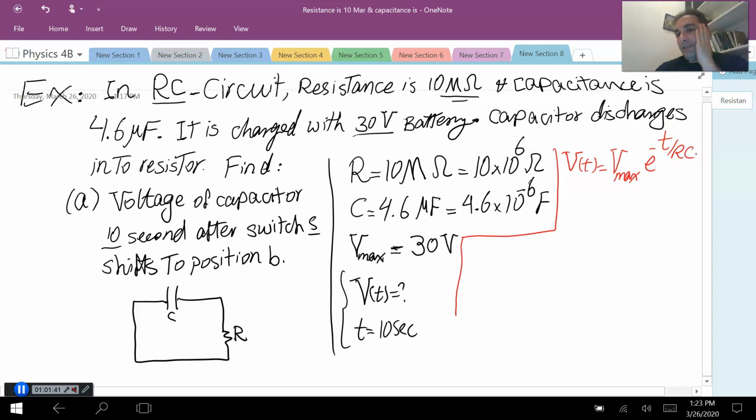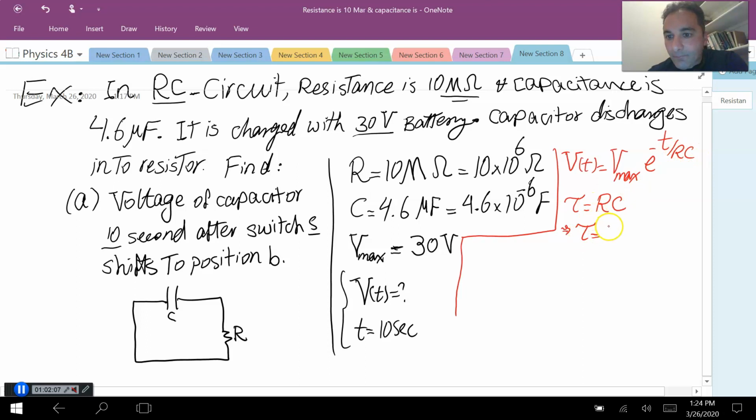I suggest you always in these kinds of problems, if you have all the data, find tau, which is RC. Then it will be easy. You don't need to write this times that, just do the answer. So in reality, this RC is tau.